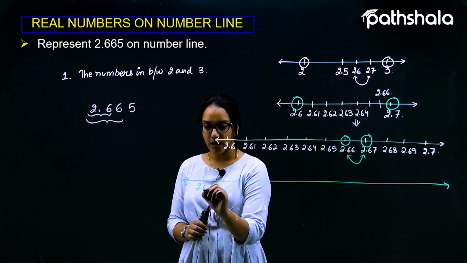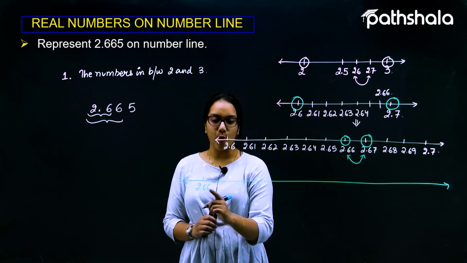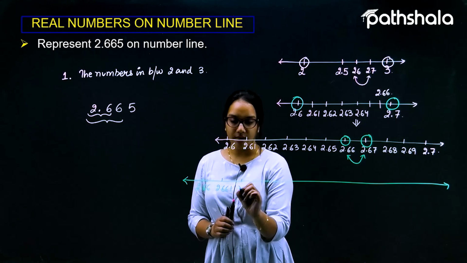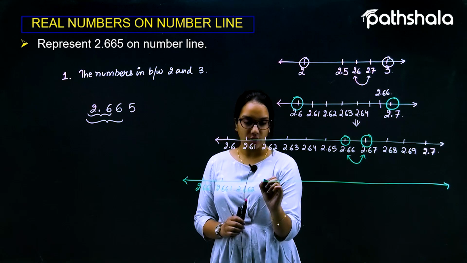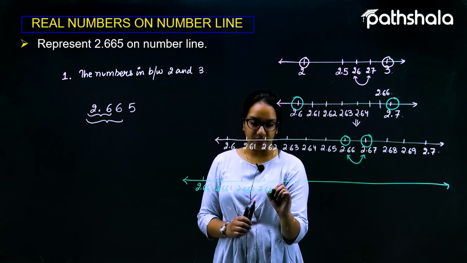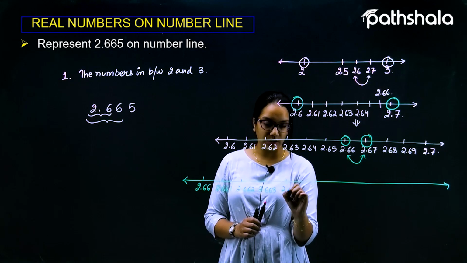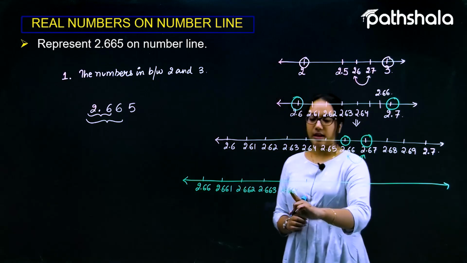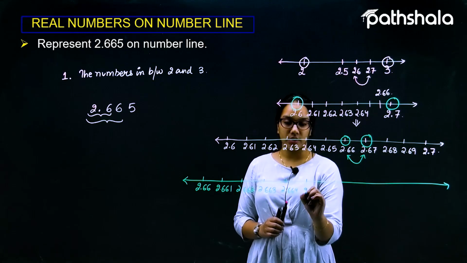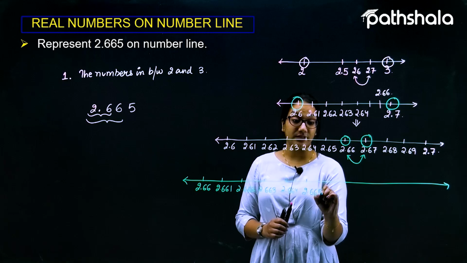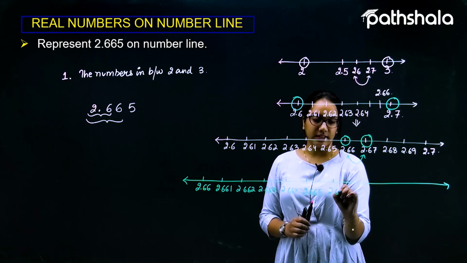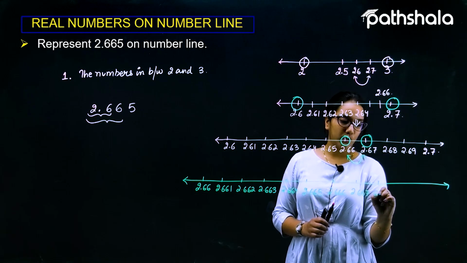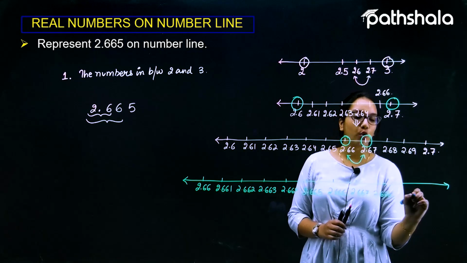After 2.66 the number would be 2.661, again 2.662, let's just count it, 2.663. It is actually just a matter of counting, nothing more than that. 2.664, and after that this is 2.665. This will be 2.666, further 2.667, further 2.668, and so it goes on.